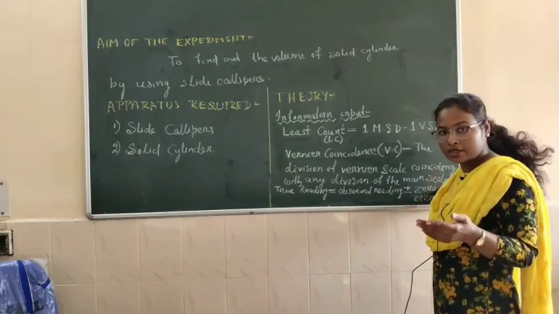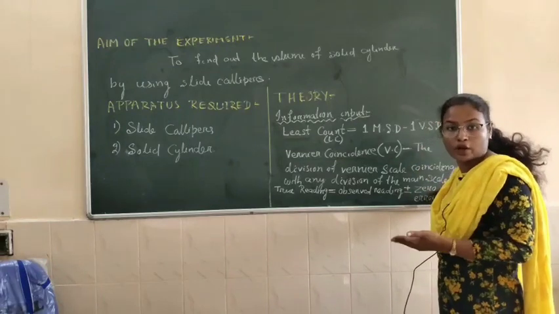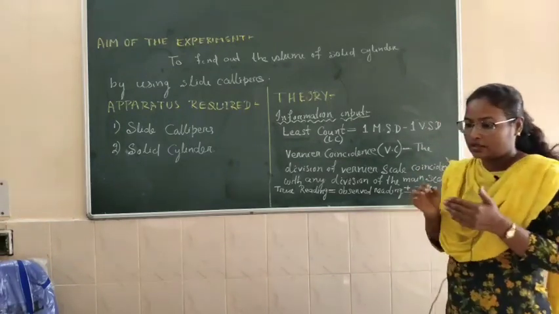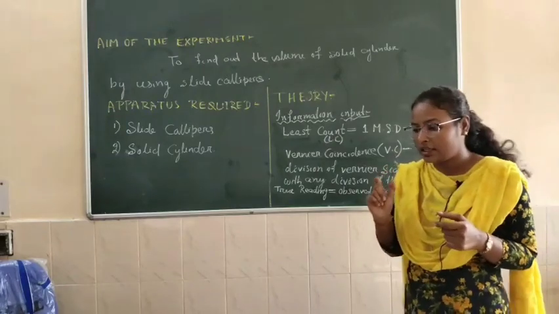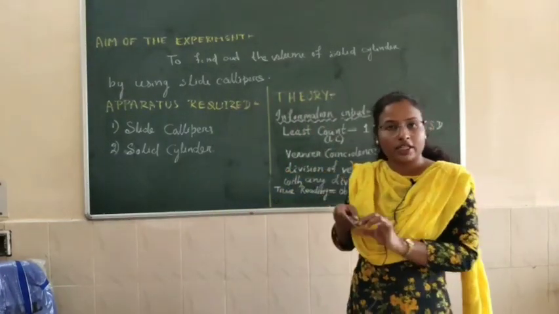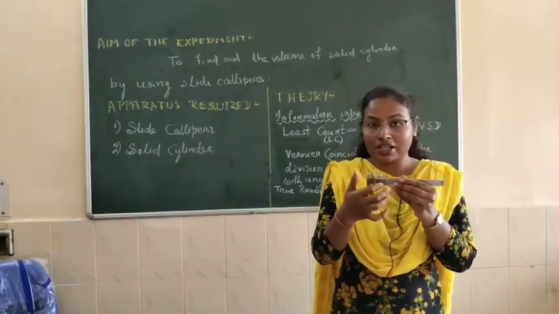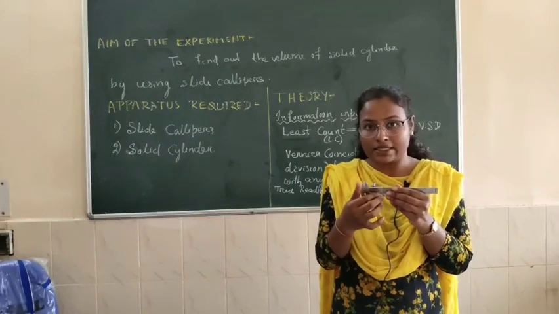As I have already mentioned, there are two scales, one is the main scale and another is the vernier scale. In the vernier scale there are 10 divisions, which is equal to 9 divisions of the main scale.